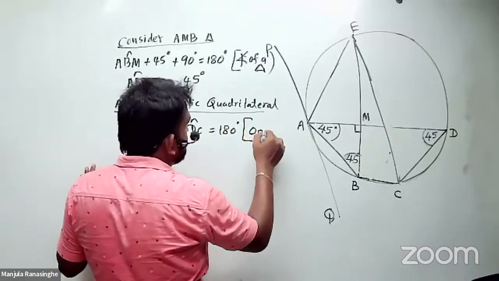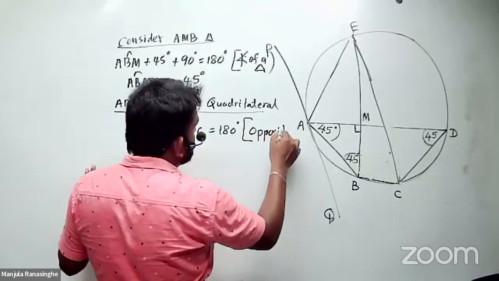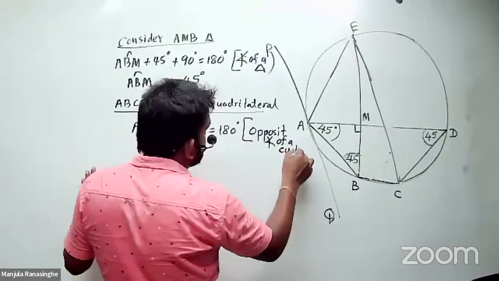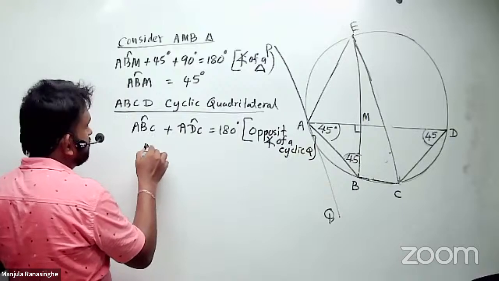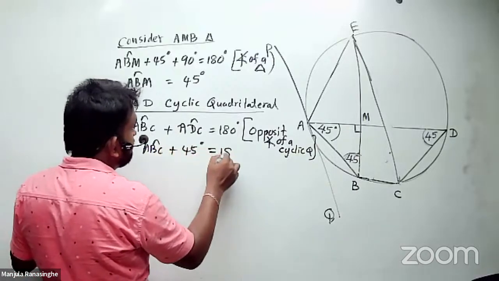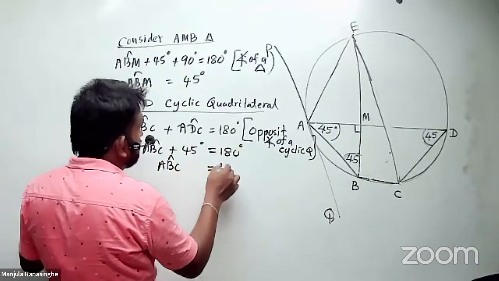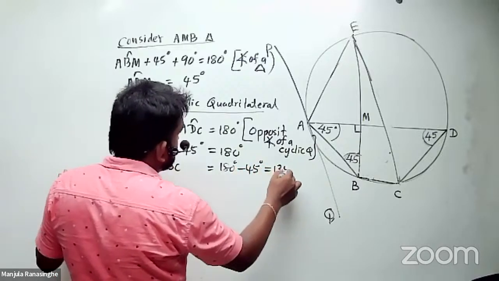You can just write: opposite angles of a cyclic quadrilateral. Right, then you can write further, ABC plus ADC, given 45, equals 180. Then from ABC, you can make ABC the subject as 180 subtract 45 equals 135.